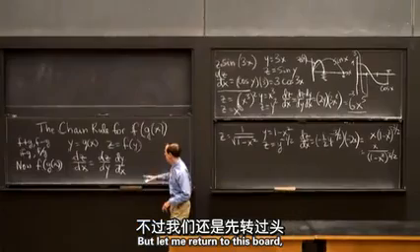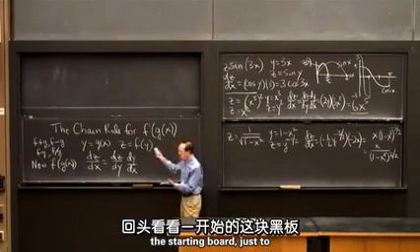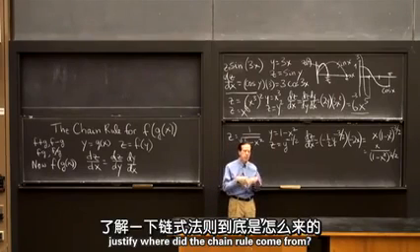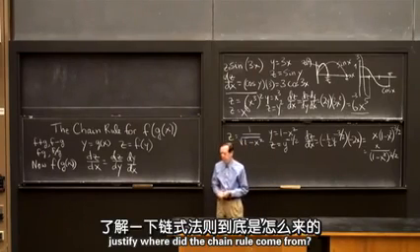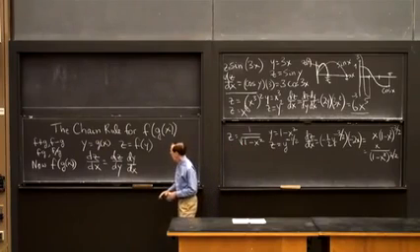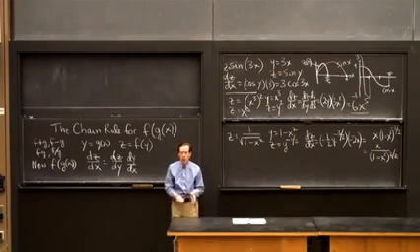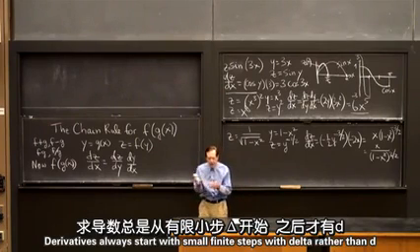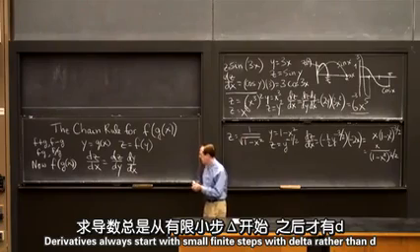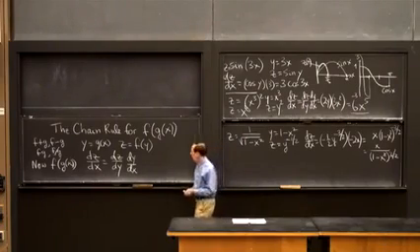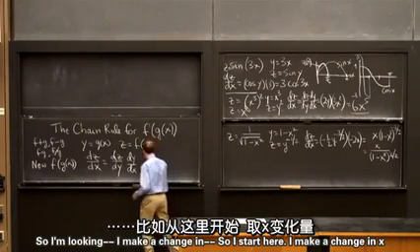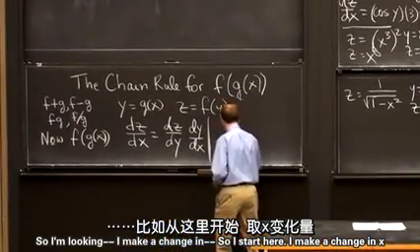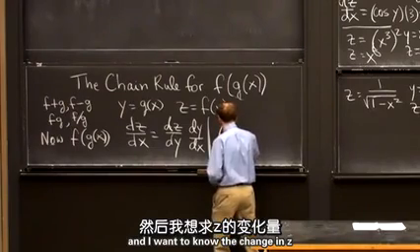But let me return to this board, the starting board, just to justify: where did this chain rule come from? Where do derivatives come from? Derivatives always start with small finite steps, with delta rather than d. So I start here, I make a change in x, and I want to know the change in z.